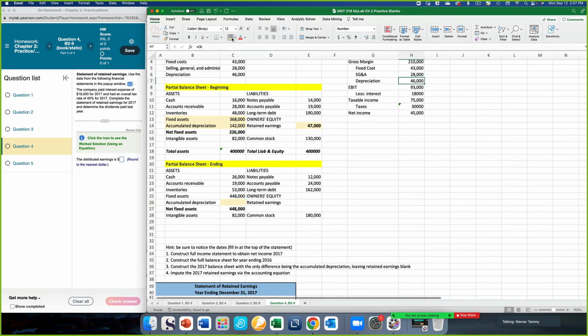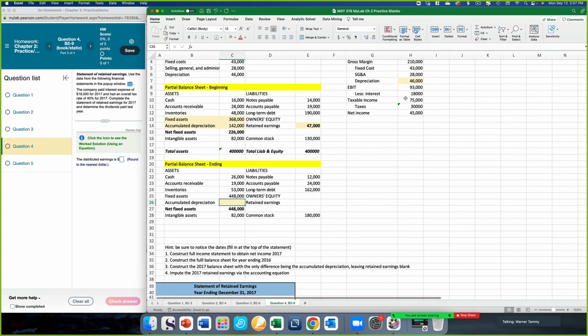So every year, the accumulated depreciation grows as new depreciation accumulates. It's going to be bigger by $46,000 than it was last year. So it's this 142 plus the 46 new depreciation from this year. So now it's 188. And because I set up my formula properly, this extra line that I put in automatically recalculated.